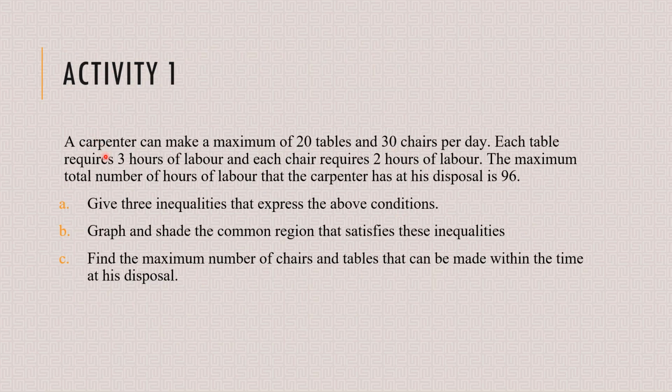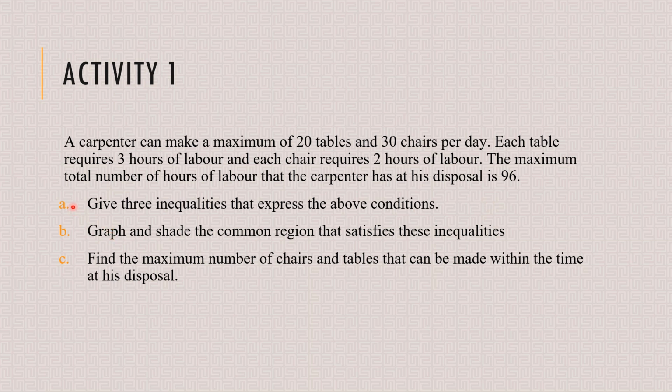Good. So let's see activity one. A carpenter can make a maximum of 20 tables and 30 chairs per day. Each table requires 3 hours of labor and each chair requires 2 hours of labor. So these are the labor time. The maximum total number of hours of labor time that the carpenter has at his disposal is 96.